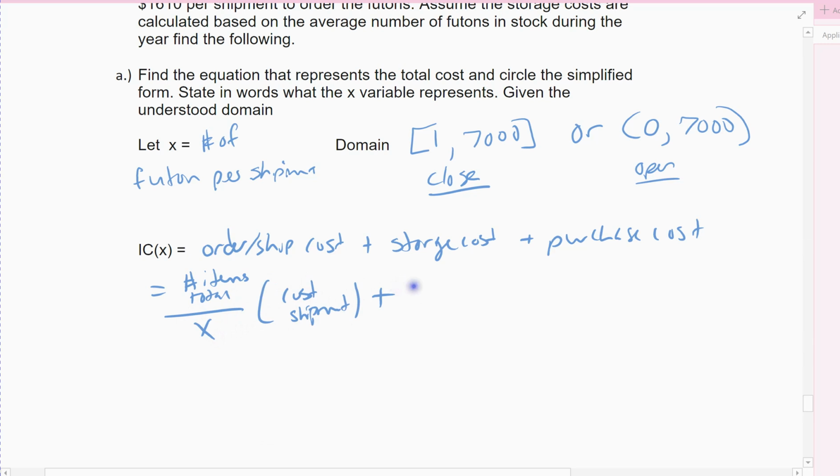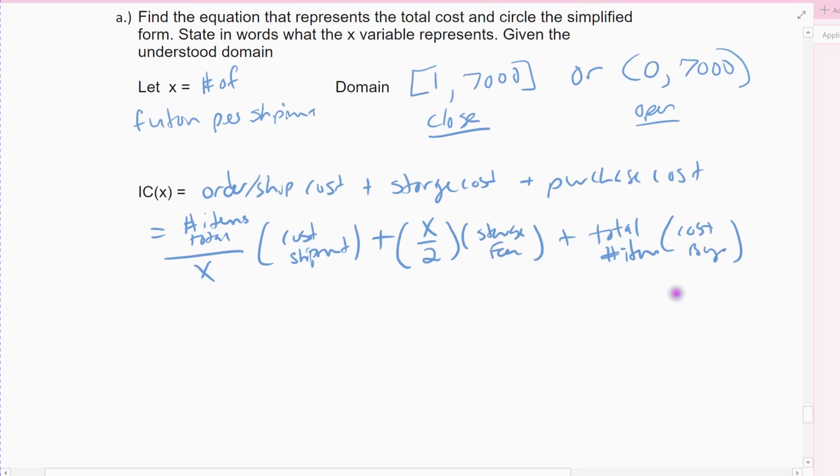The storage cost is always X divided by 2, which is your average number in storage, times your storage fee. And the purchasing cost is your total number of items times the cost to purchase them.